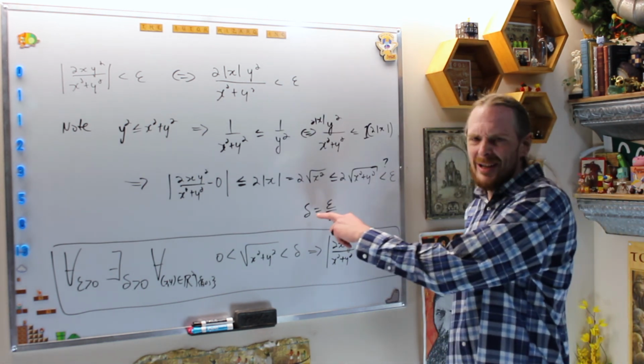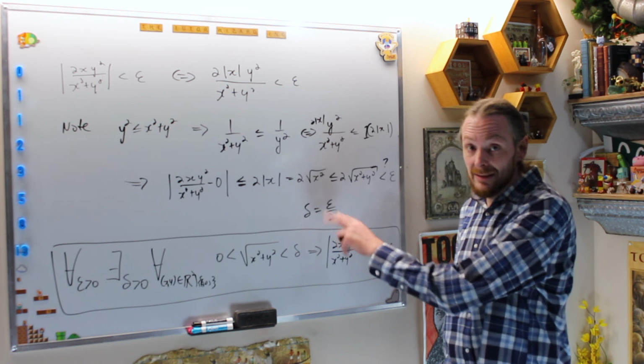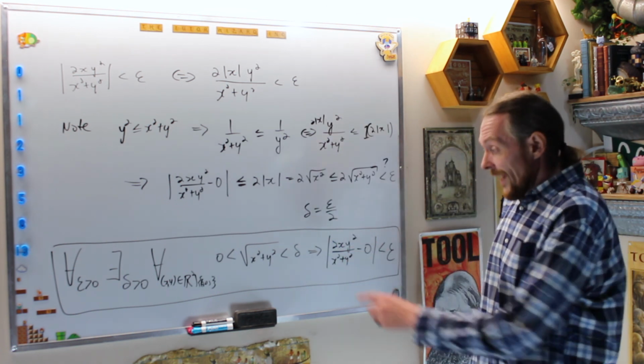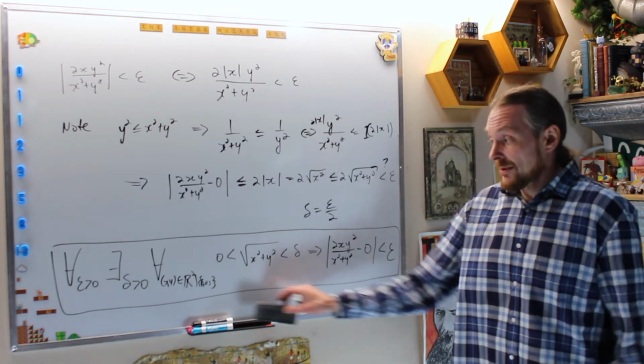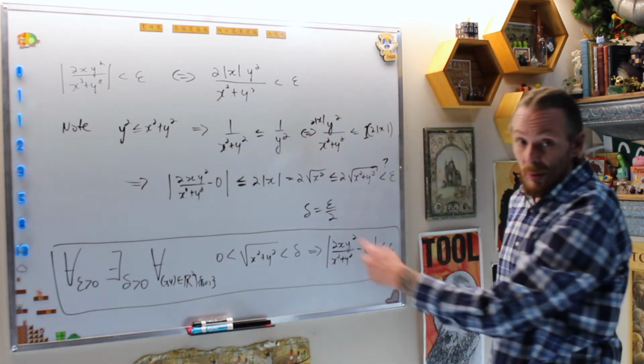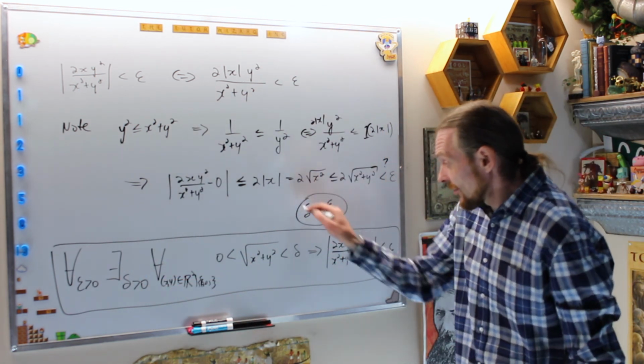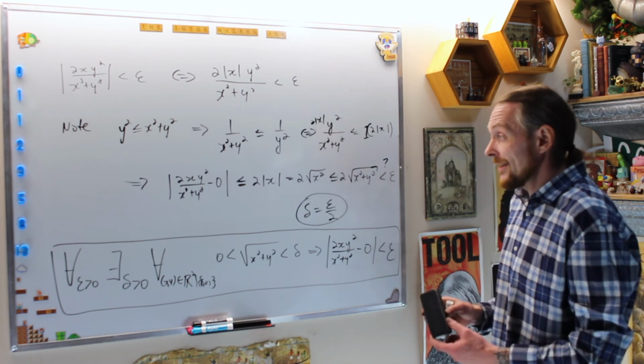What does that tell me overall? It takes time to learn how to cook up this delta from the epsilon. But we have now, specifically using our definition, this is what we were looking for. And now what do we have? If we cook up this delta equals epsilon over 2, we have exactly what we need.